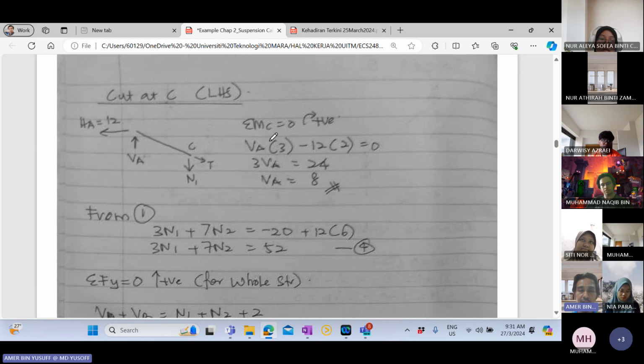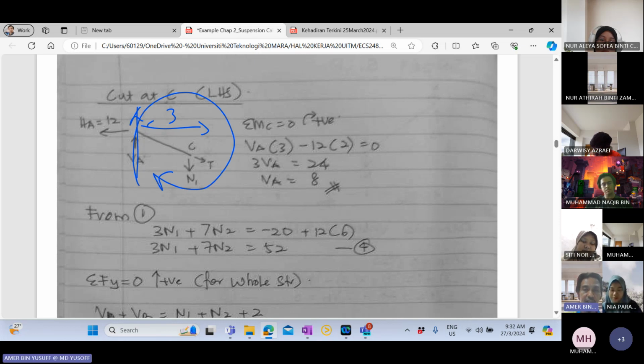So saya dapat, bila kita calculate moment dekat C, dalam you punya statement ni dia akan ada VA dengan HA. VA multiply dengan this distance. Itu yang you dapatkan ni VA multiply by 3, sebab ini 3 kan. Dia positif.